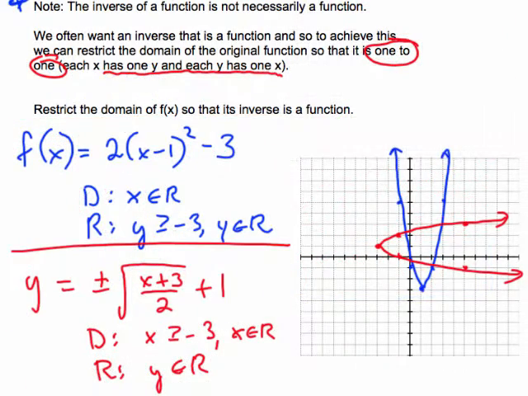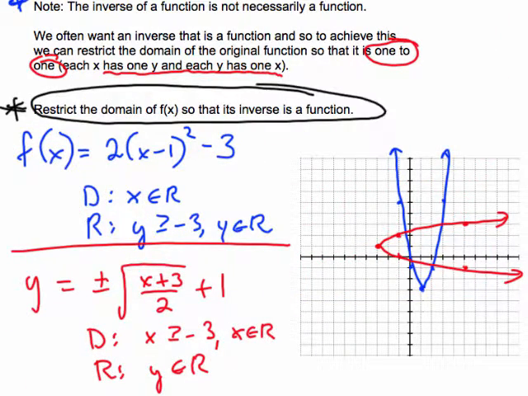So what we're going to do now is restrict the domain of our original function, f of x, which is in blue, so that our inverse, which is in red, is a function. I've just recopied the main information from above, so we can see things a little bit more clearly. And as we said, the reason why the blue graph is not producing an inverse which is a function is because it's failing the horizontal line test.